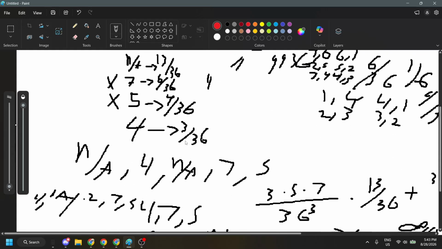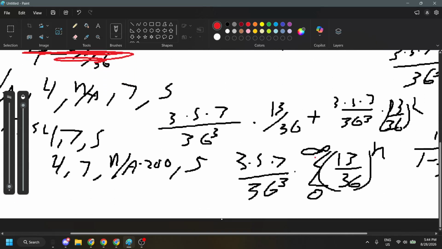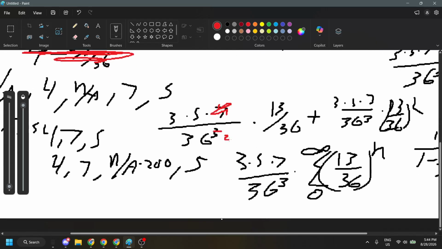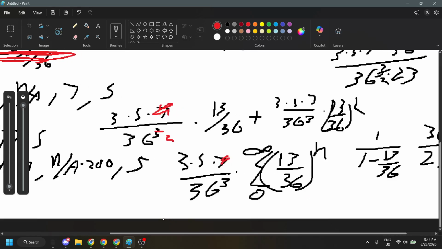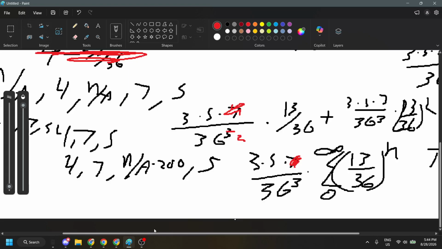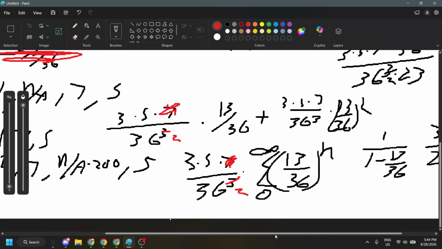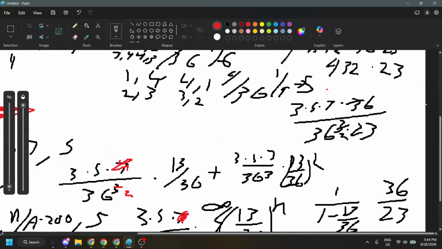I don't even know why I included this. Maybe it would have been correct if I didn't include this 4, because I know it's guaranteed to have a 4 at some point, so I can get rid of this 7 here, I can get rid of a power of 36, this goes to 2, this goes to 1.